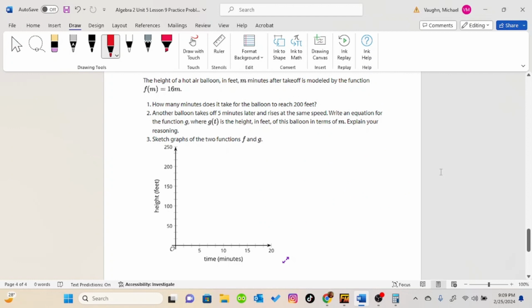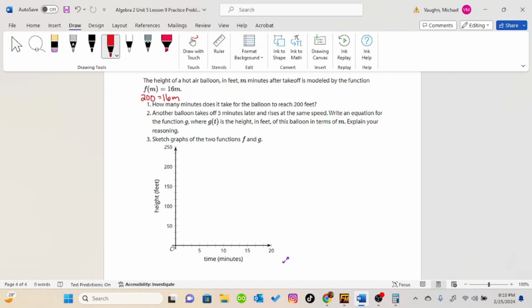The height of a hot air balloon in feet m minutes after takeoff is modeled by the function f of m equals 16m. Number 1. How many minutes does it take for the balloon to reach 200 feet? To answer this, if it gives us the height in feet, then we can substitute 200 in for f of m, and now we can solve for m.